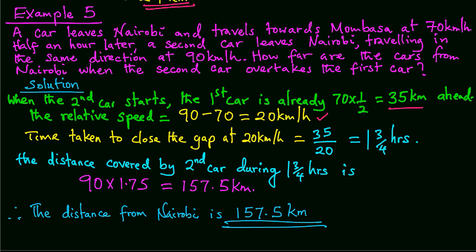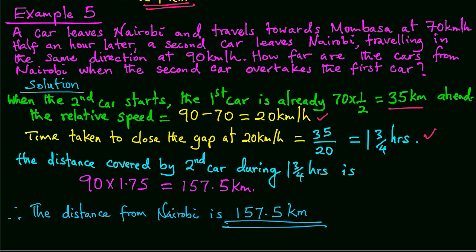And therefore, time taken to close this gap of 35 kilometers at a relative speed of 20 kilometers per hour will be 35 over 20. That's 1 hour and 45 minutes, or 1 3/4 of an hour.